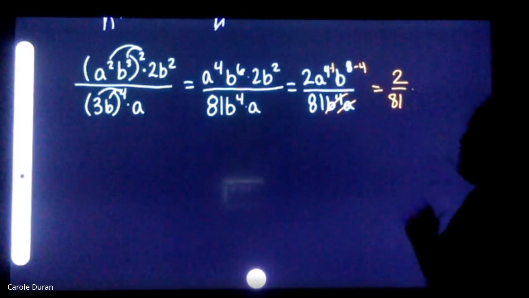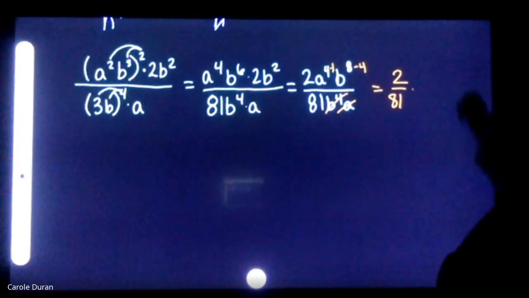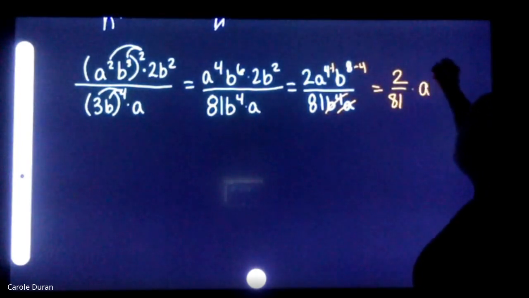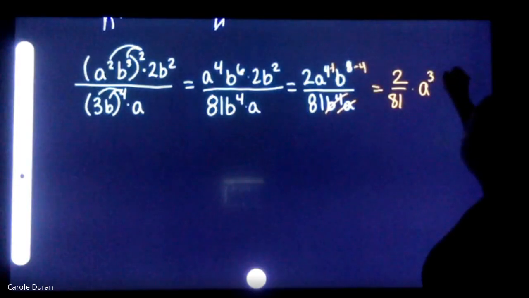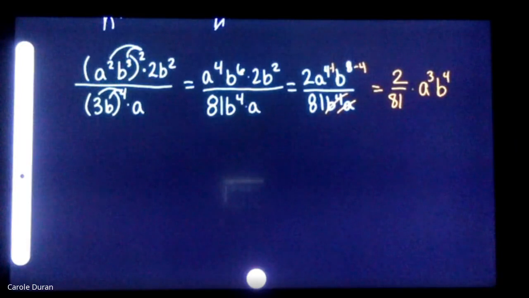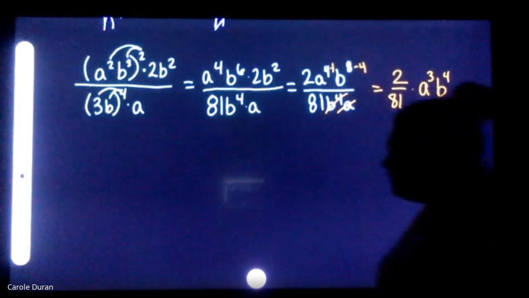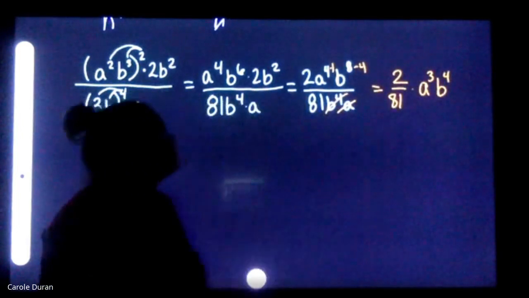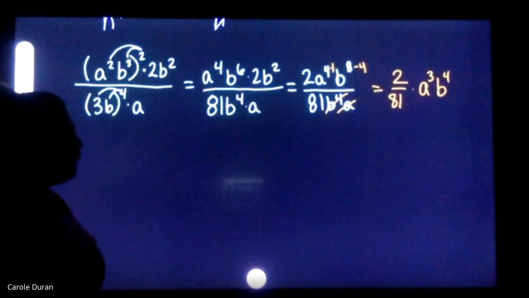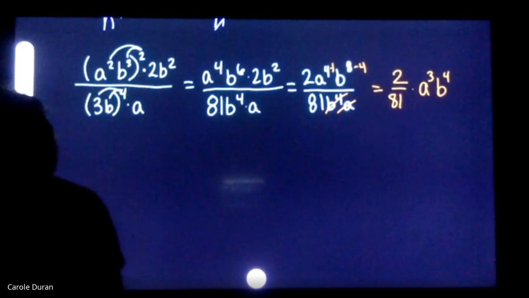I'm just going to write it as a fraction out front because it's a little bit easier, times a to the 4 minus 1, which is 3, times b to the 8 minus 4, which is 4. So I get 2 over 81 times a cubed b to the fourth. You also could have left this as 2a cubed b to the fourth all over 81. That would have been fine as well.